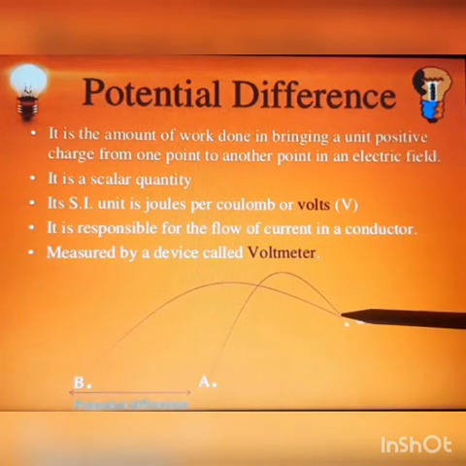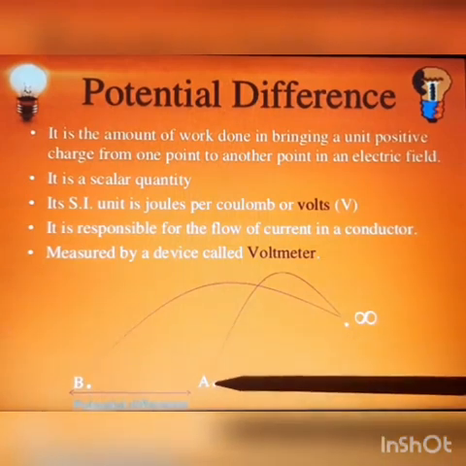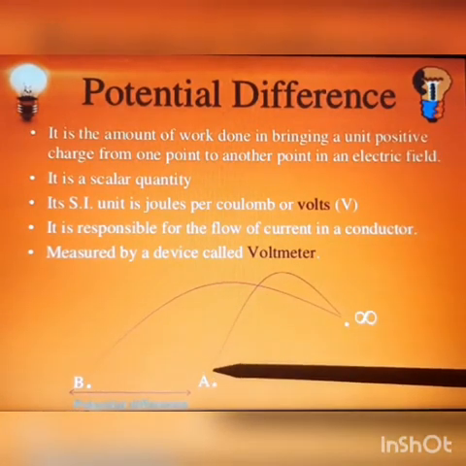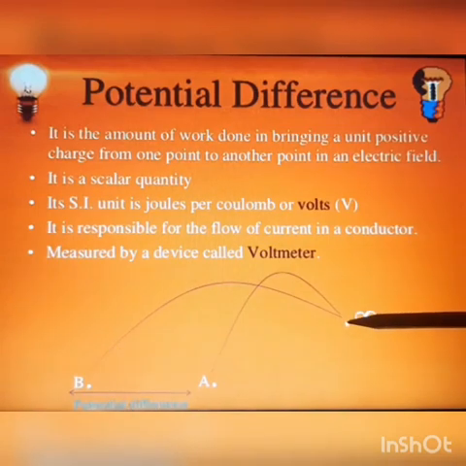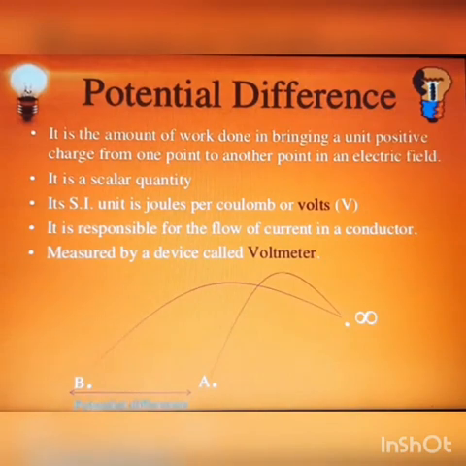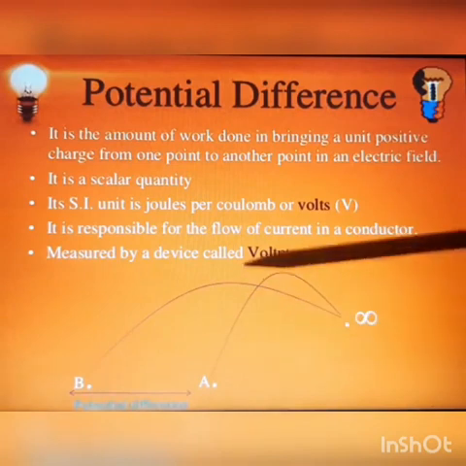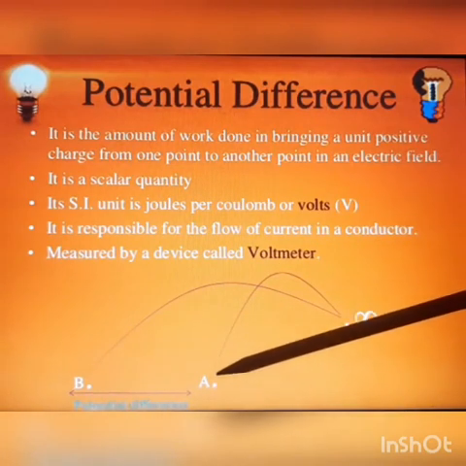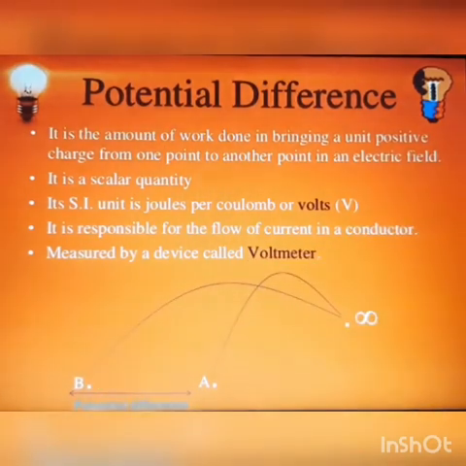So I have brought this charge from this point at infinity to A. So I got the electric potential at point A. Again, I will calculate the energy required, or the work done, in moving this charge from here to B. I will get the electric potential at point B. Then I will subtract them. Then I will find the potential difference between point A and point B.